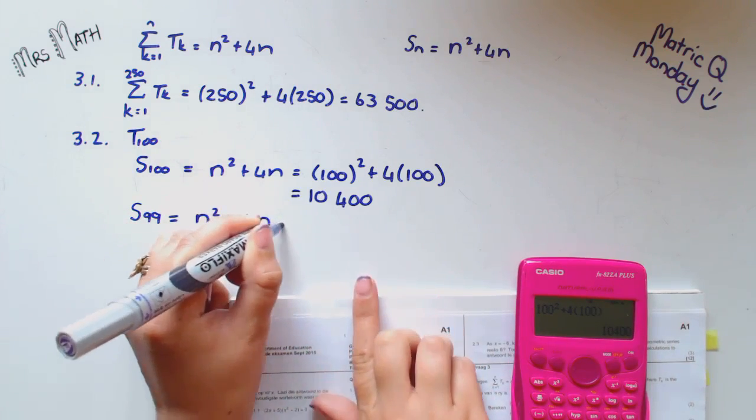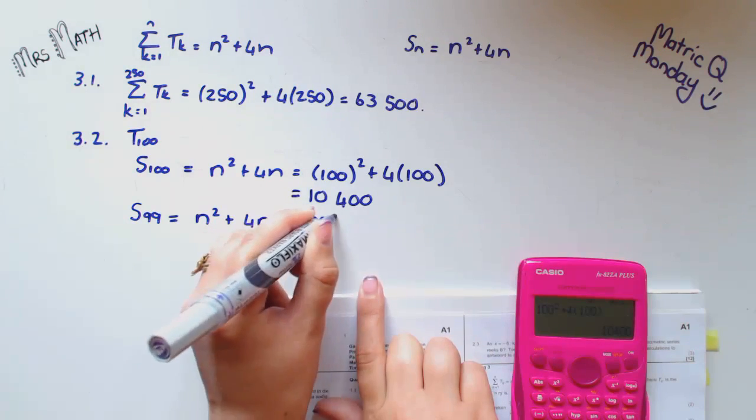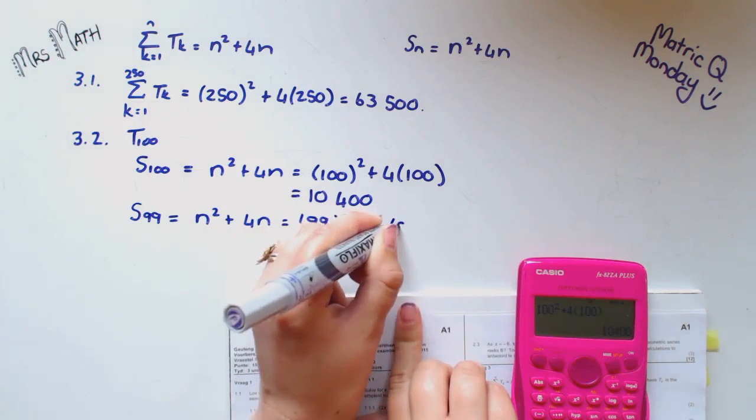So the sum of the first 99 terms is this. I'm just going to use the formula to calculate the sum.